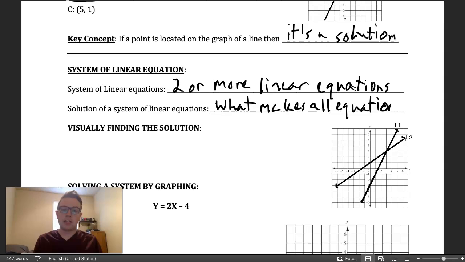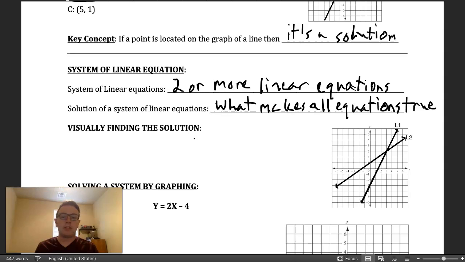And if we're looking at this visually, what makes all equations true? If we're looking at this graph down here, we know that for L1, what makes it true, what are the solutions, are all the points on this line. What makes L2 true, what are its solutions, are all the points on this line.